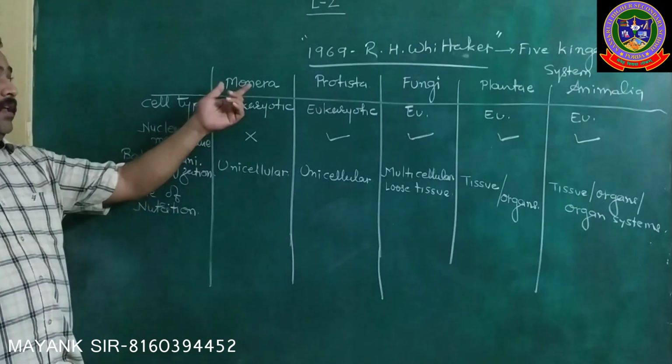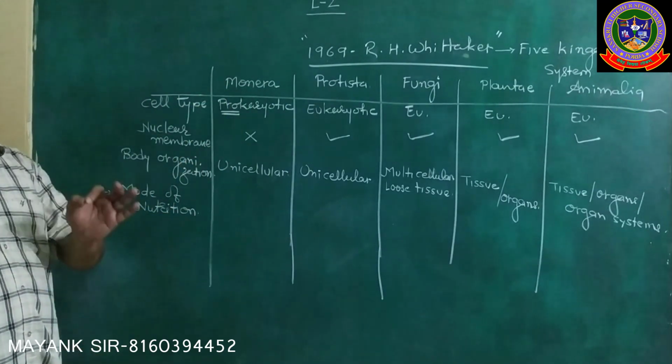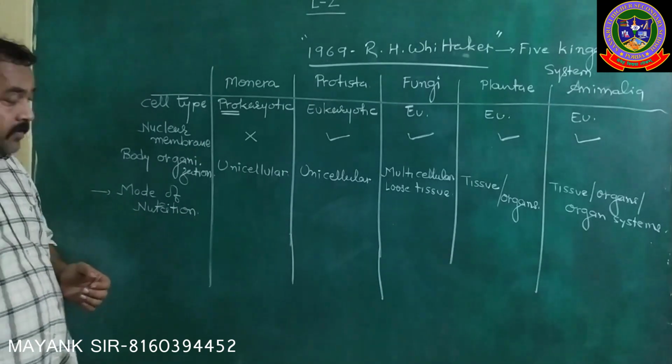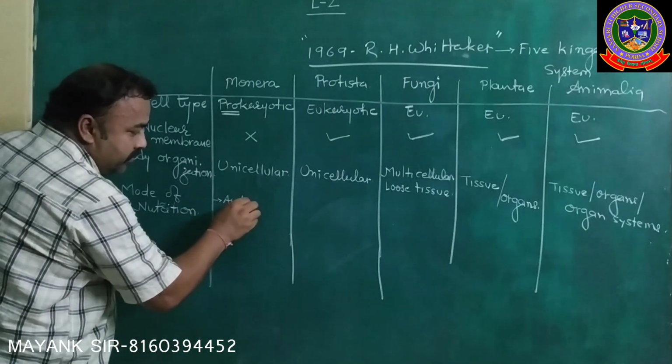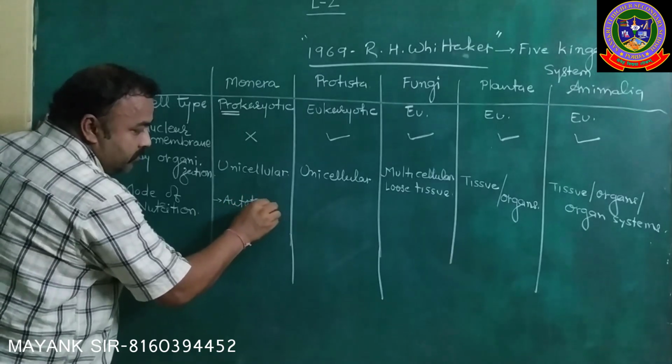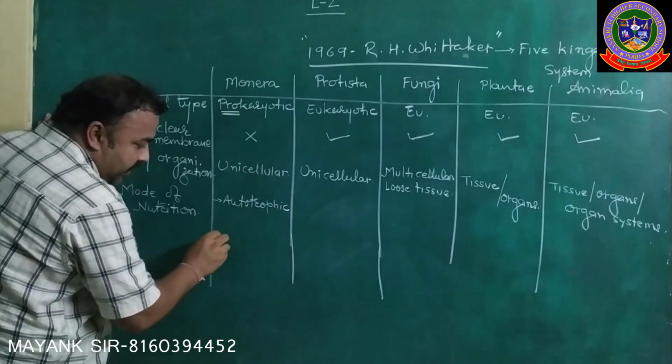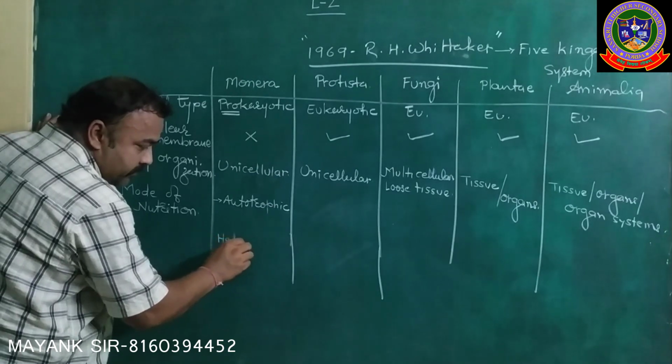In Monera, the mode of nutrition was autotrophic and heterotrophic.